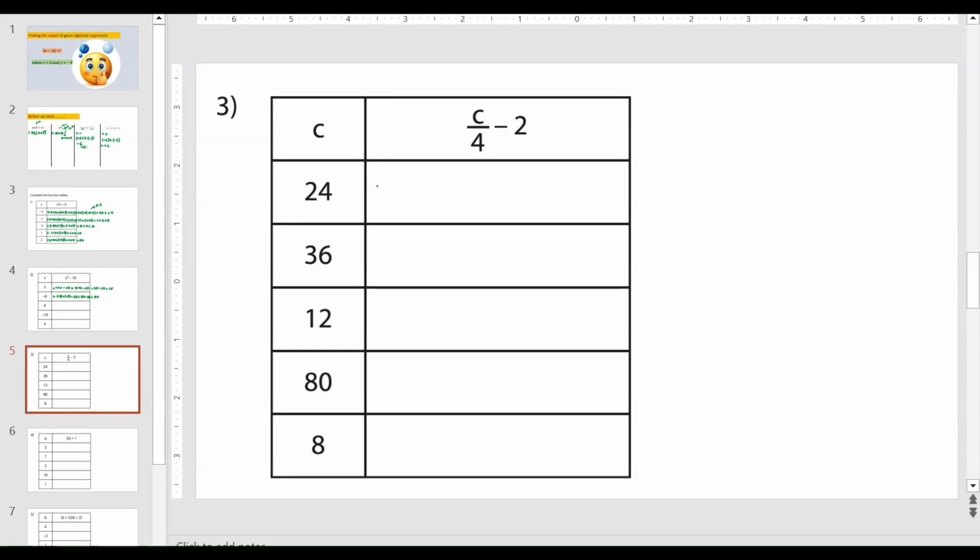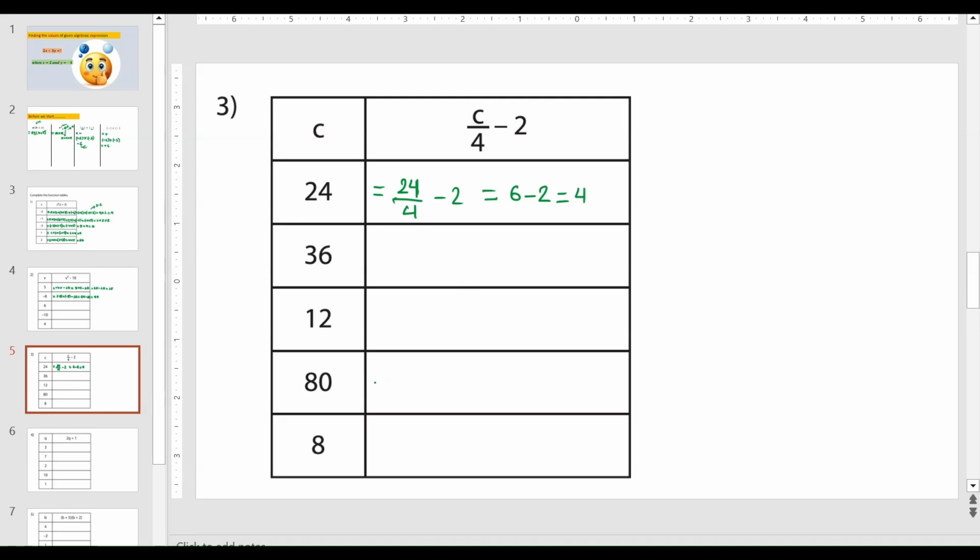I'm going to do this first one. c by 4 is 24 by 4 minus 2. So 24 divided by 4 is 6, so 6 is our answer. 6 minus 2, and our answer is 4.